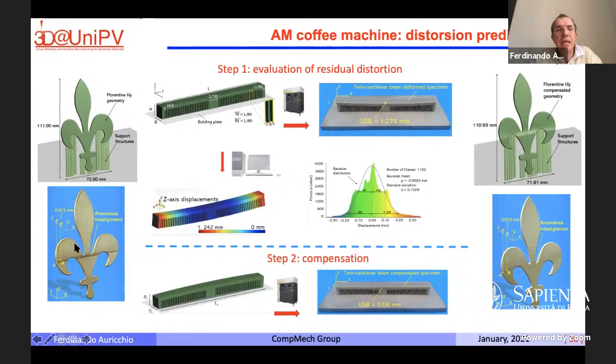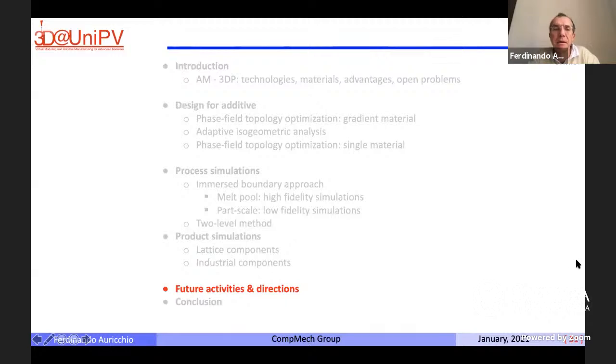So the idea is that you can do the simulation of the production process, and here we're using commercial codes, so you can predict this misalignment and you can compensate your geometry. Once you compensate your geometry, you print a geometry which originally has some sort of negative misalignment, and at the end of the production you are able to correct it and obtain a final component which is much better.